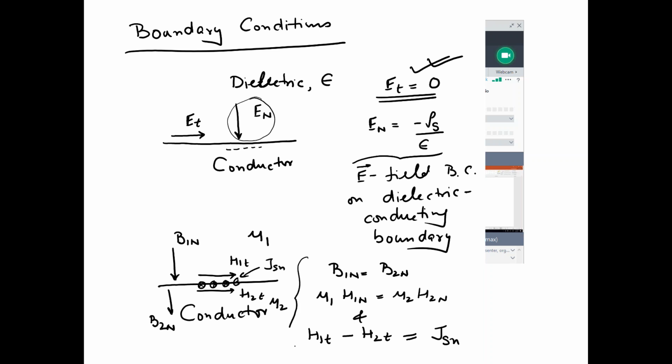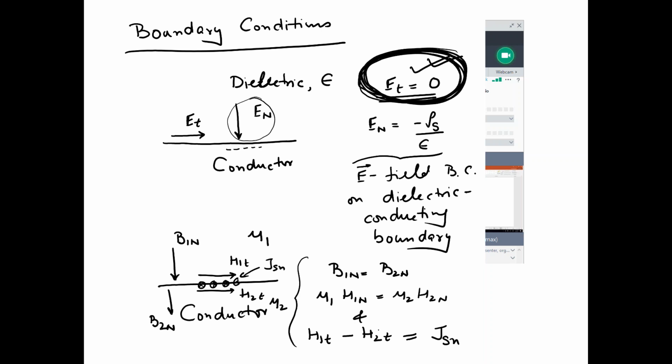I don't know about you, but I always find this boundary condition to be the easiest to use. The tangential component of the electric field will always be zero. Every other boundary condition, I have to worry about any induced charges or induced currents. I have to think hard through that.